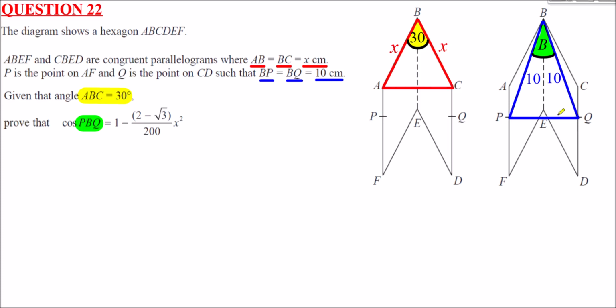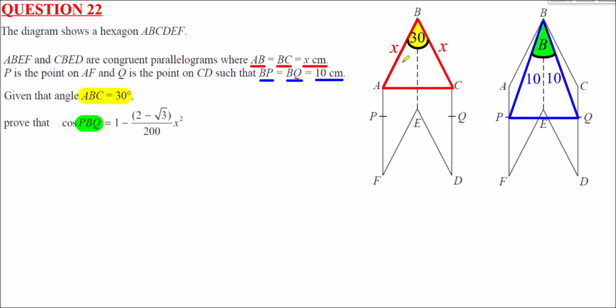So AC and PQ are exactly the same. Now look at these triangles, the red one and the blue. I've got two sides and an angle between, and I don't know the length of the side opposite. Same here, I've got two sides, 10 and 10, an angle in between, and I don't know PQ. But PQ is the same as AC.